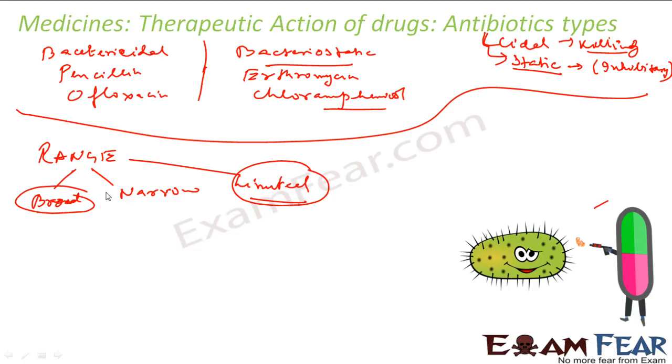So antibiotics which kill or inhibit a wide range of gram positive and gram negative bacteria are called broad spectrum antibiotics. What is this gram positive and gram negative? This is the first step for identification of bacteria. It was invented by Hans Gram, and it is based on the property of the cell wall.